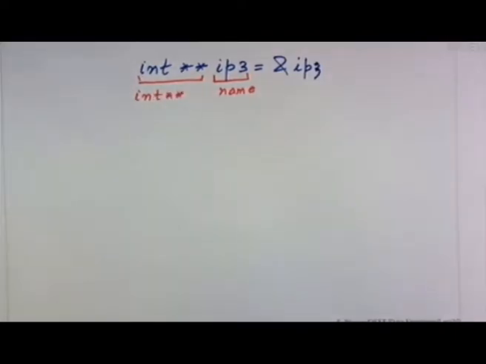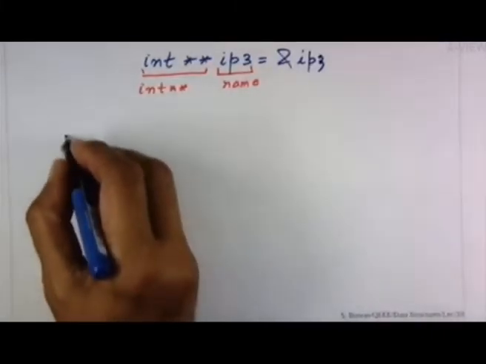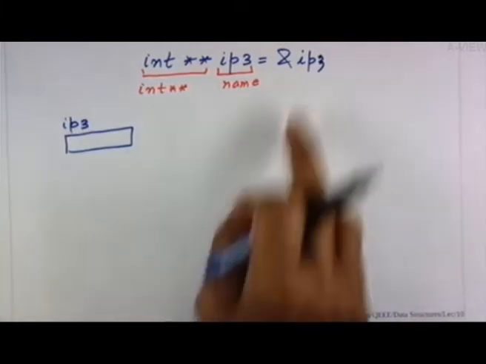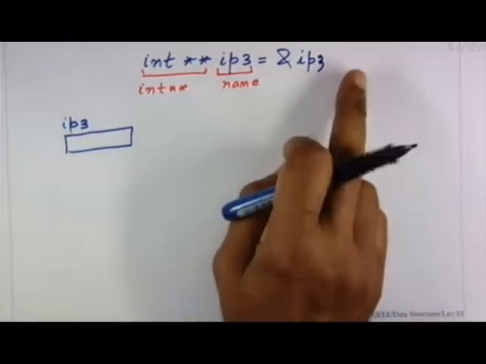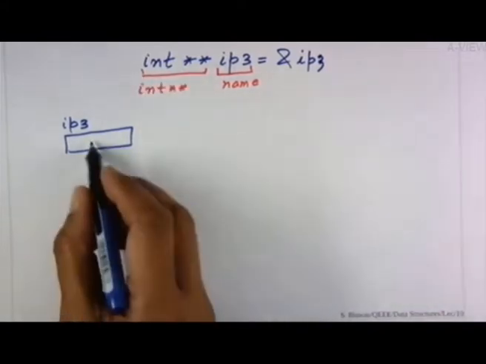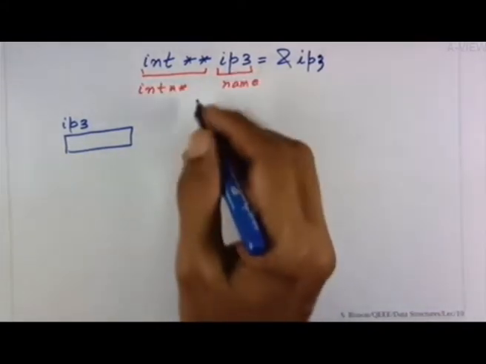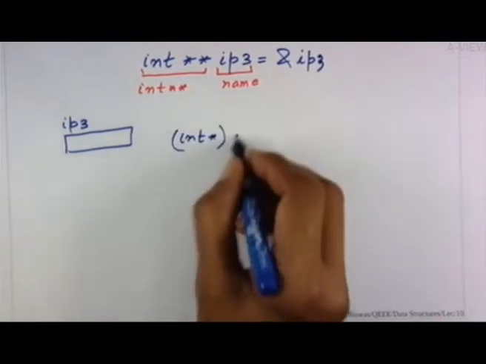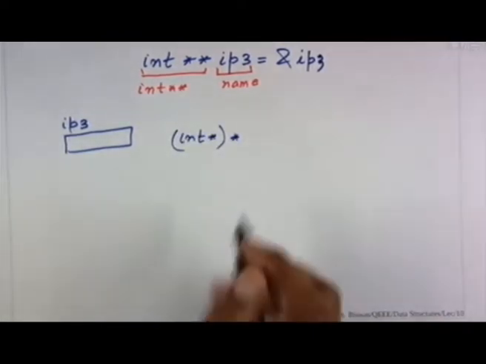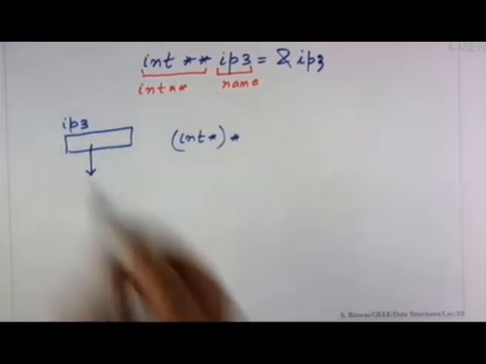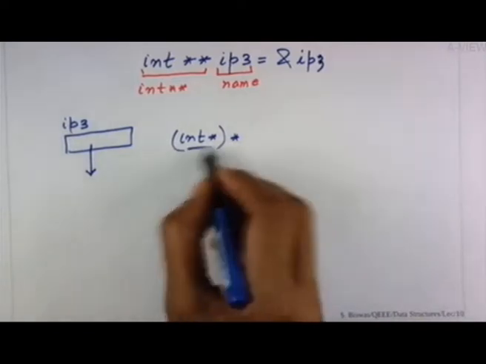So how do I do it? I'll draw some boxes. There is somewhere in memory a box whose name is IP3. The value that is given I don't yet see because I have not processed the right hand side. I'm only processing the left hand side. What can IP3 contain? If I break it up, it is a star of int star, which means it contains the address of something. So I'll draw a box. It has the address of something, and that something is an int star.